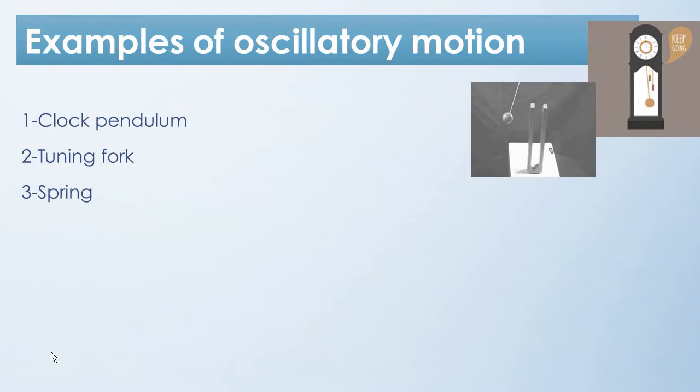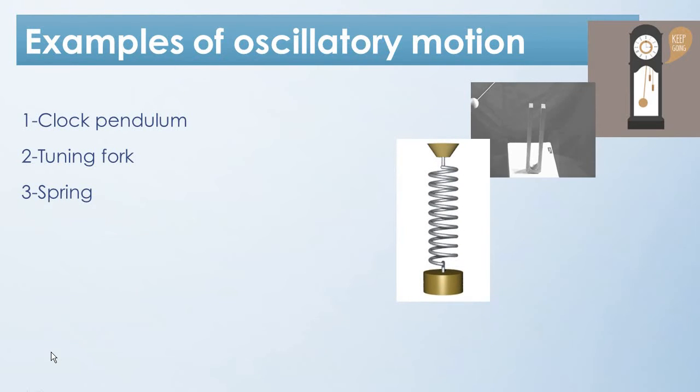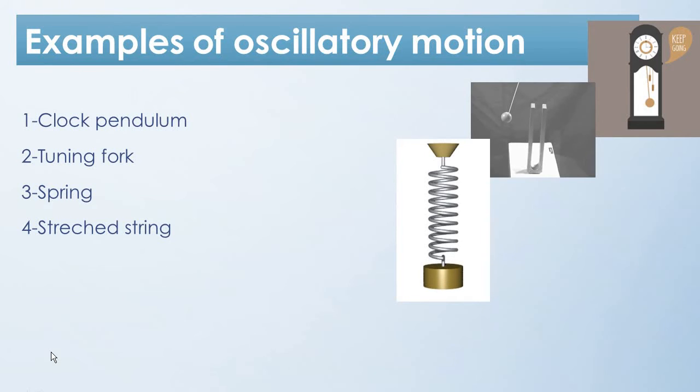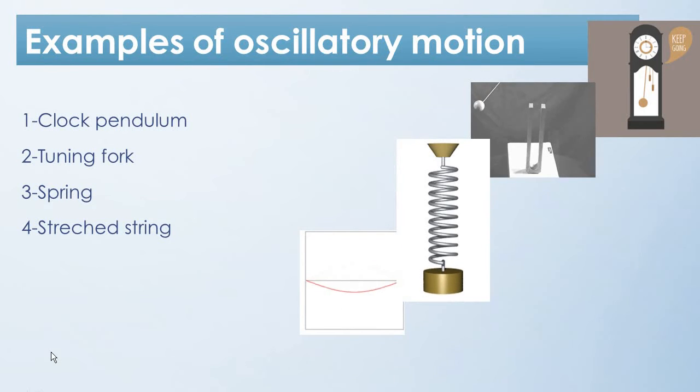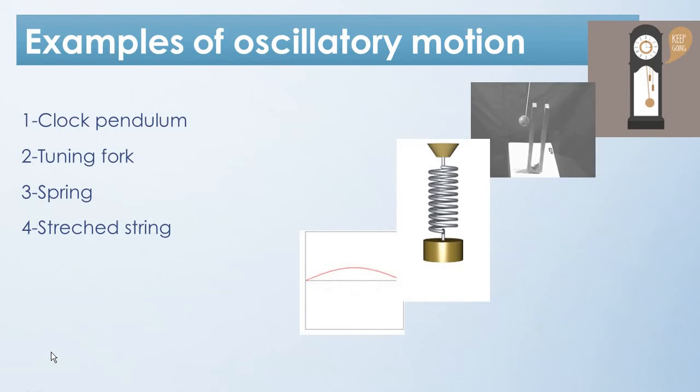And a spring, look here is a spring, it repeats regularly around the rest point in equal periods of time. A stretched string also, when you play violin or piano or guitar, the stretched string moves in equal periods of time and around the rest point.